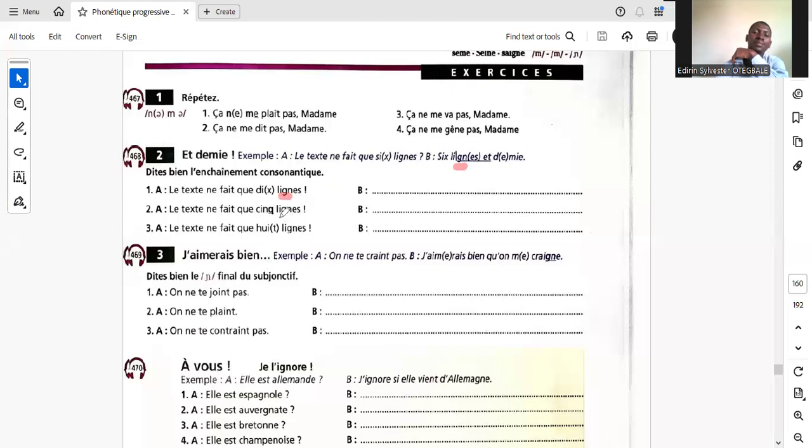Le texte ne fait que 5 lignes. 5 lignes et demie. Le texte ne fait que 8 lignes. 8 lignes et demie.